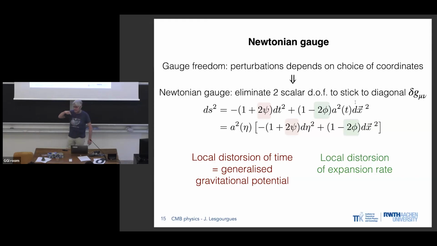And importantly, among the possible coordinates such that on a constant time hypersurface you only see small perturbations, there is not a unique time slicing. You can make different choices with different time slicing. And when you change the time slicing, immediately you change the operation of averaging a quantity over a time slice.